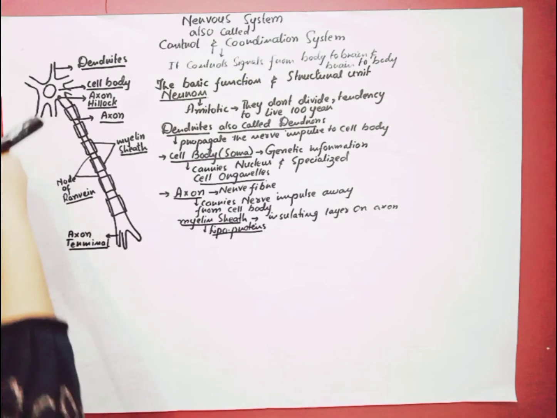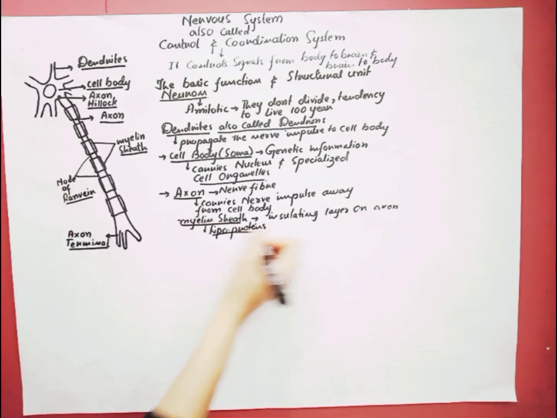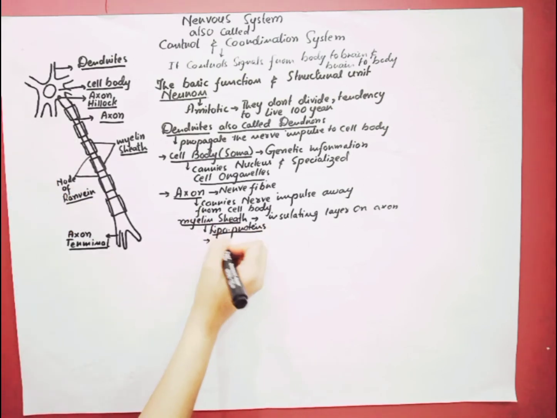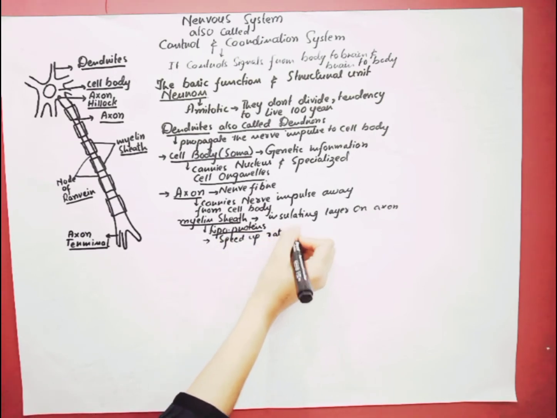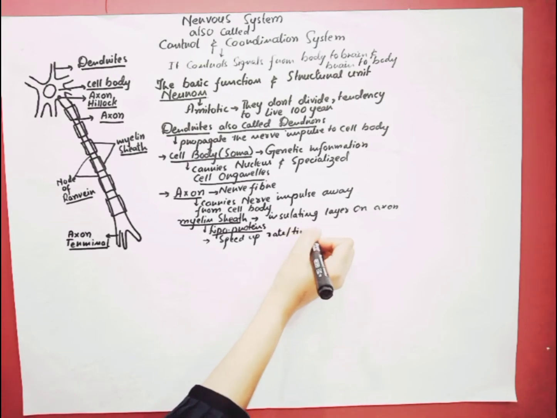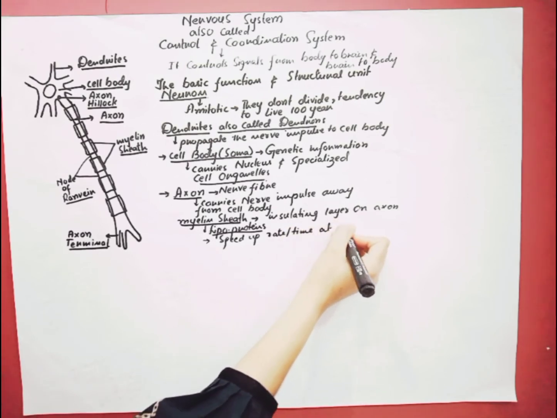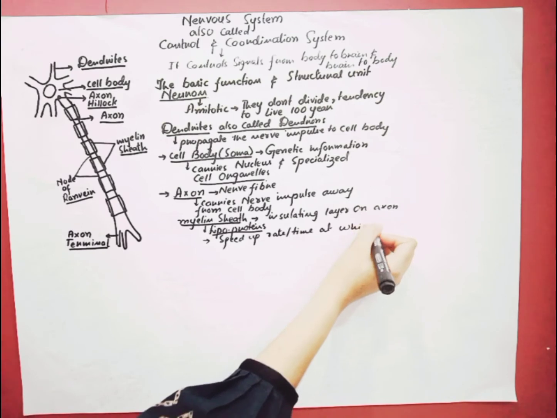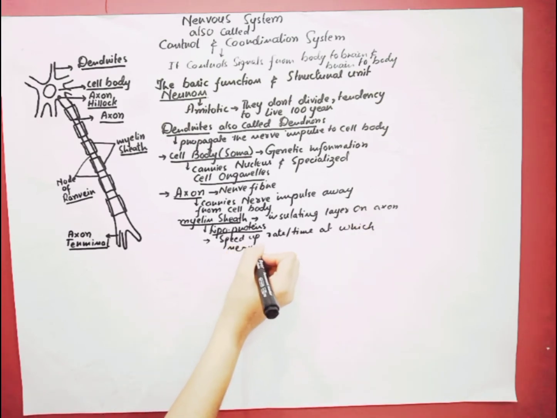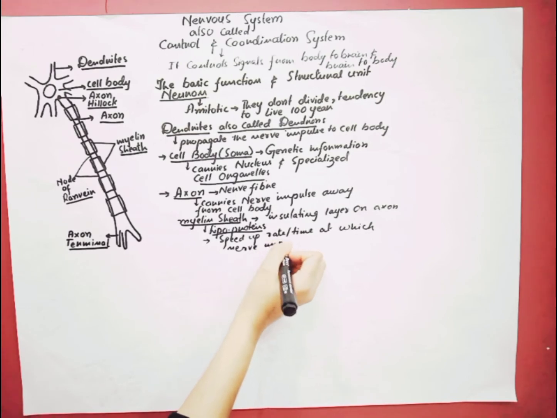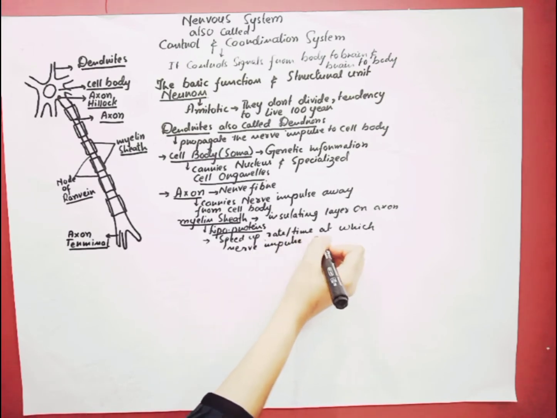What is the function and role of this myelin sheath? They speed up the rate or time at which nerve impulse propagate.